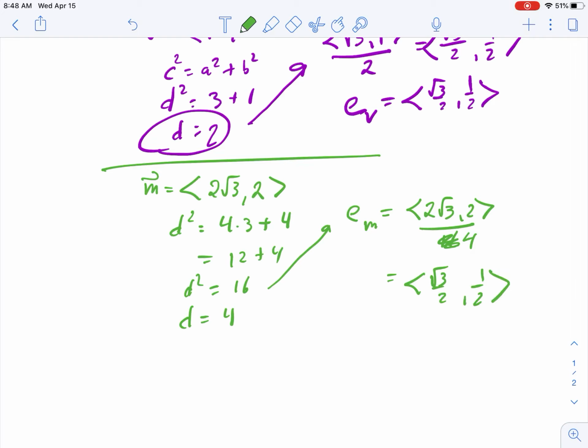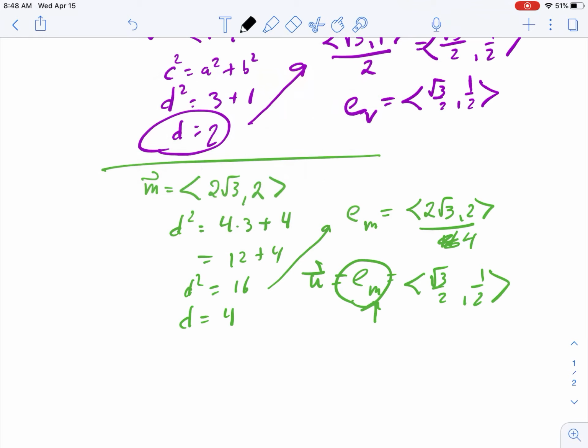Okay. And that's what a unit vector is. Also, another notation, I just thought of it. They might just say a unit vector, a u. But this is more specific because it tells me which vector you're dealing with, m. Okay, and that's basically it.